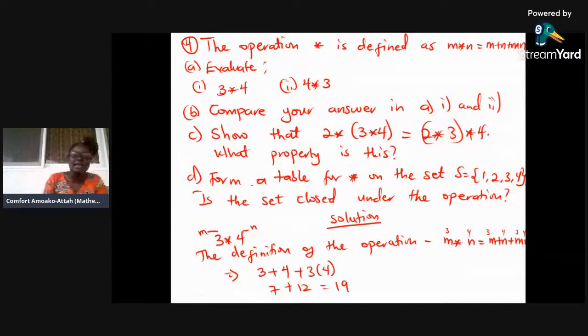Then I. So I is 4 star 3. So we have 4, following the same trend. You get 4 plus 3 plus 4 times 3. So we have 7 plus 12. That is also giving us 19.